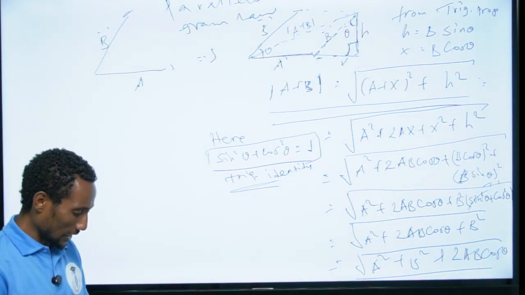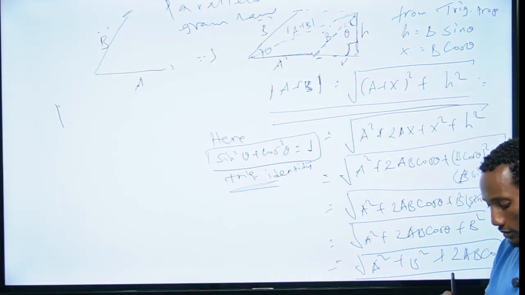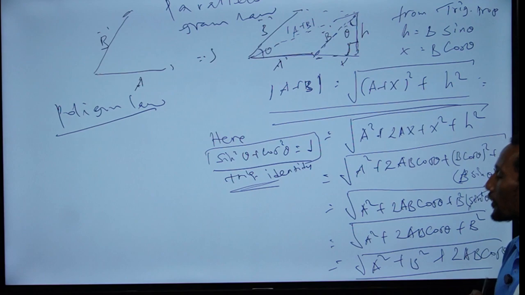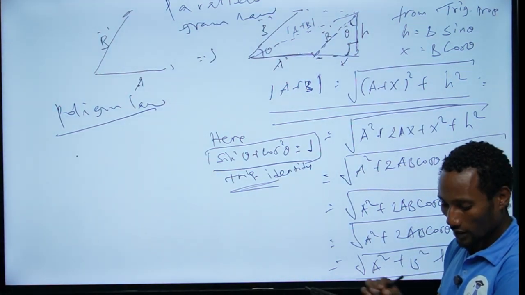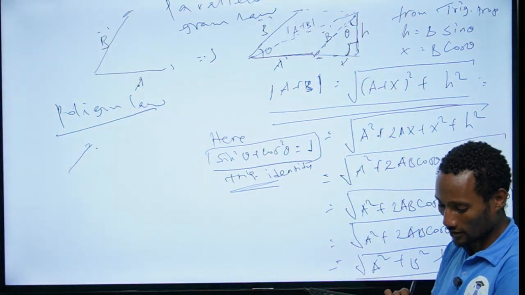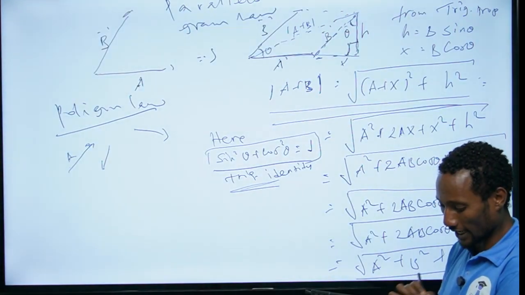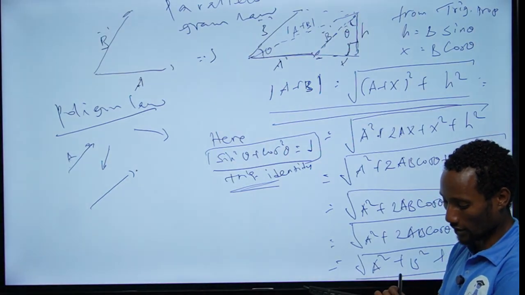Whereas in the polygon law, we can simply have an addition of each head to tail, the addition of each side. Wherever the sides are placed, they are simply joined head to tail.